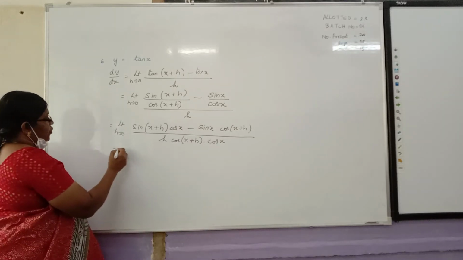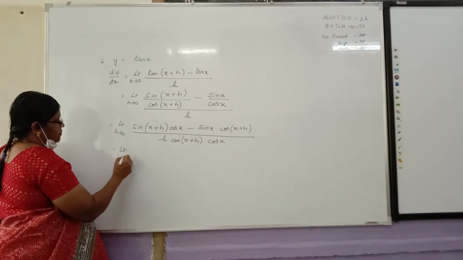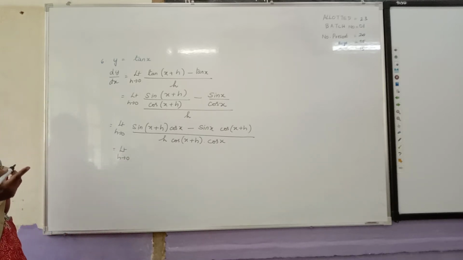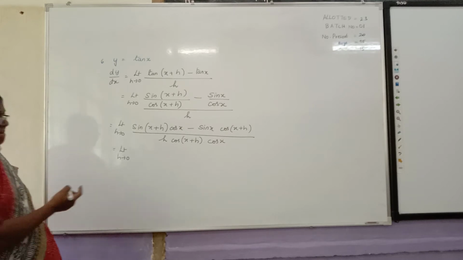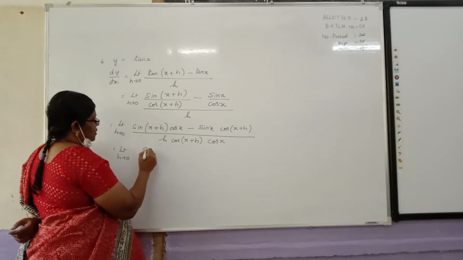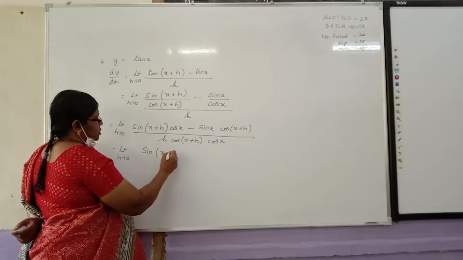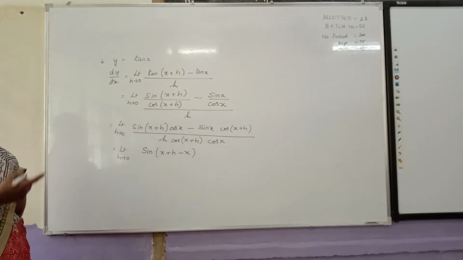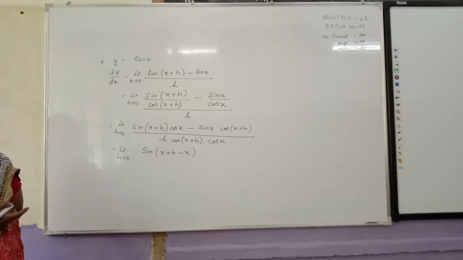Now the numerator is a formula for what formula? Sin A cos B minus cos A sin B. What's the formula? Sin of (x plus h minus x). You have to note down, the sin A minus B formula is that.